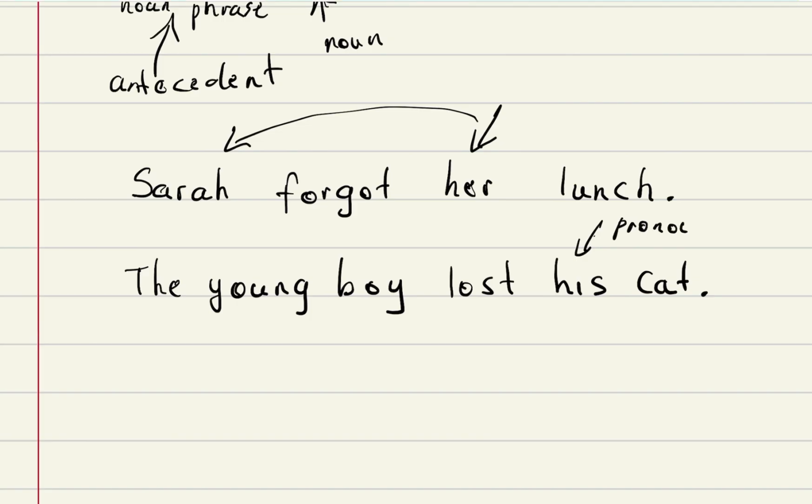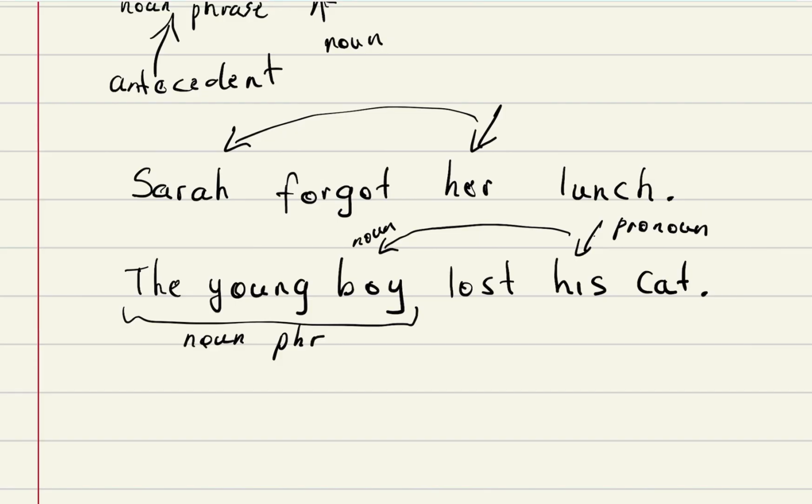Then ask yourself who the pronoun is referring to, and that will tell you where the antecedent is. In this case, it's a noun phrase, but find the noun first, which is "boy." This is the noun, and this whole thing is the noun phrase. It's our antecedent. So the whole noun phrase is our antecedent.